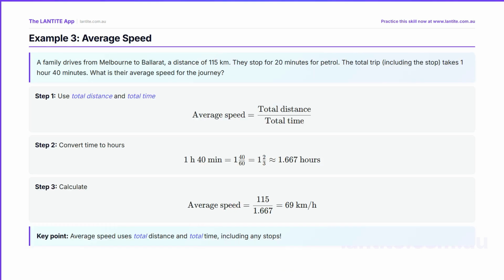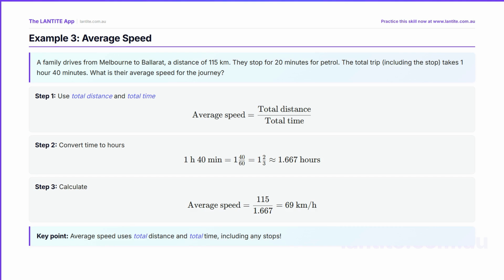Average speed is a favorite LANTITE topic. A family drives 115 kilometers from Melbourne to Ballarat, including a 20-minute petrol stop, in a total of 1 hour 40 minutes. What is their average speed? The crucial formula is average speed equals total distance divided by total time. Do not be tempted to ignore the stop. Average speed includes all time, including rest stops.